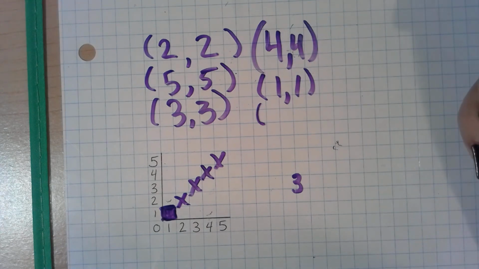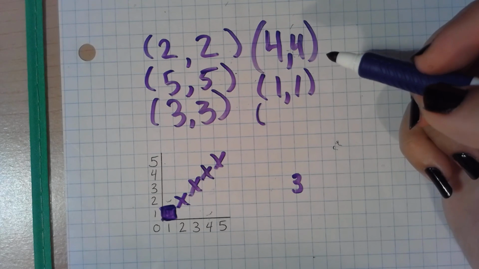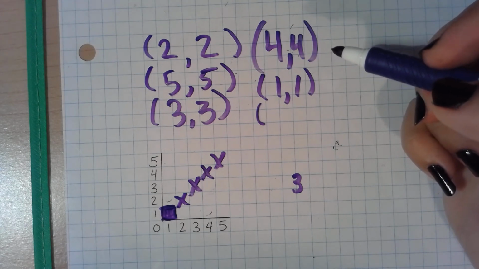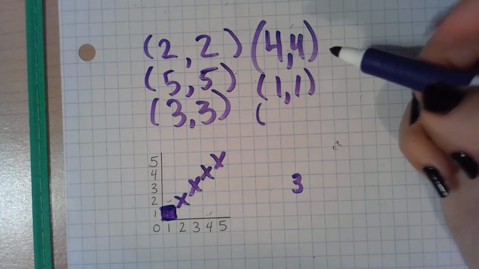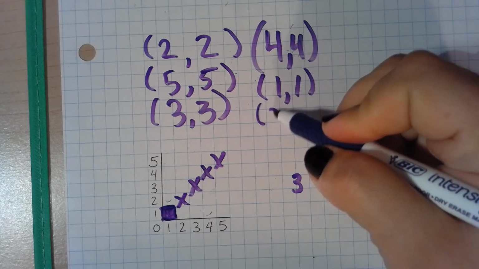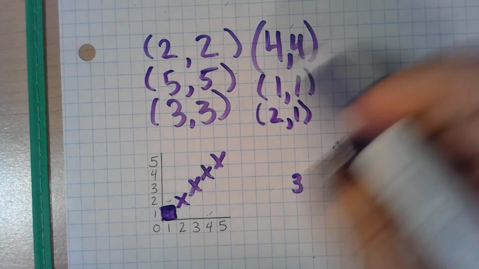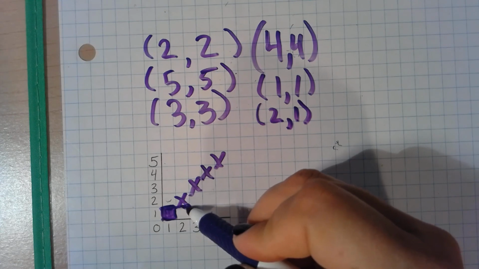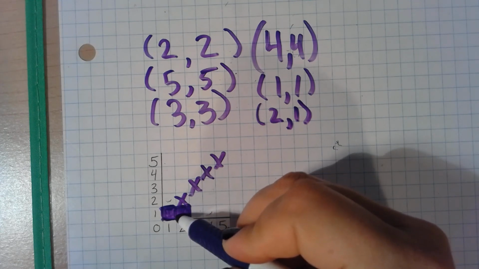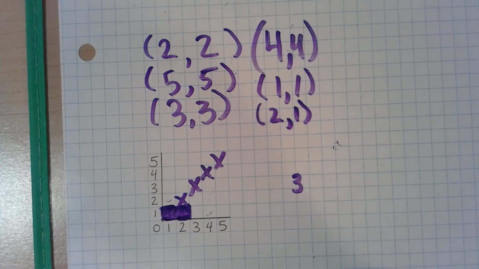Raise your hand if you want me to put it at 1, 2. And raise your hand if you want me to go at 2, 1. All right, 2, 1. Good job. You got my boat. Over 2, up 1.